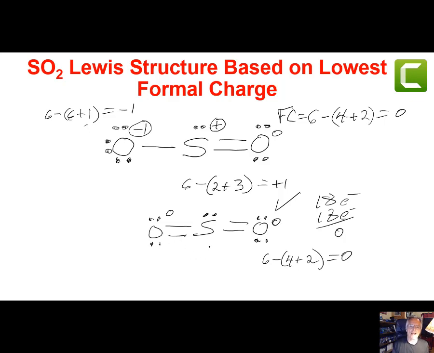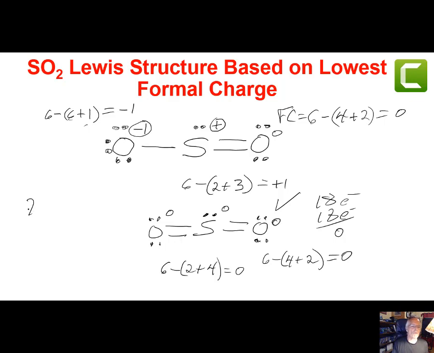Let's try sulfur and see if we can get rid of that positive formal charge using this Lewis structure. So it's got 6 valence electrons, it's got 2 non-bonding electrons, and it's got 1, 2, 3, 4 bonds, or 8 bonding electrons. Half of 8 is 4, same as the number of bonds. 2 plus 4 is 6. 6 minus 6 is 0. So we've got a 0 formal charge on all of our atoms.